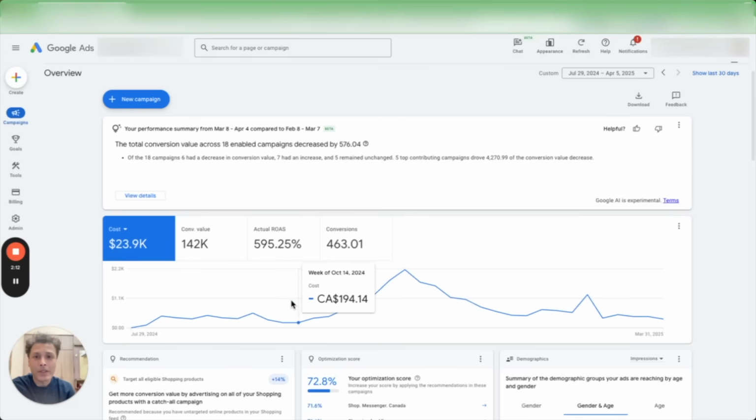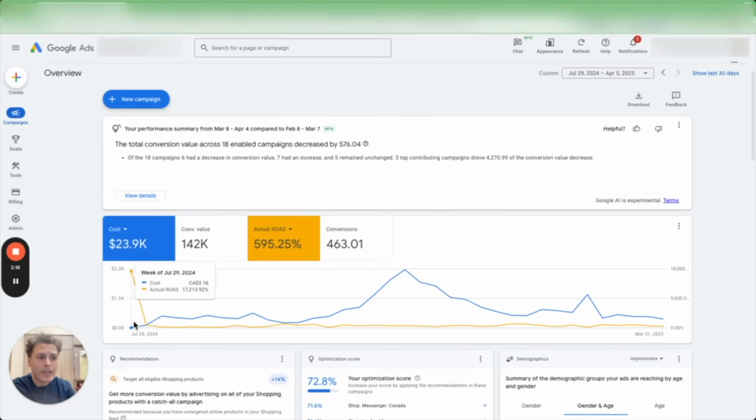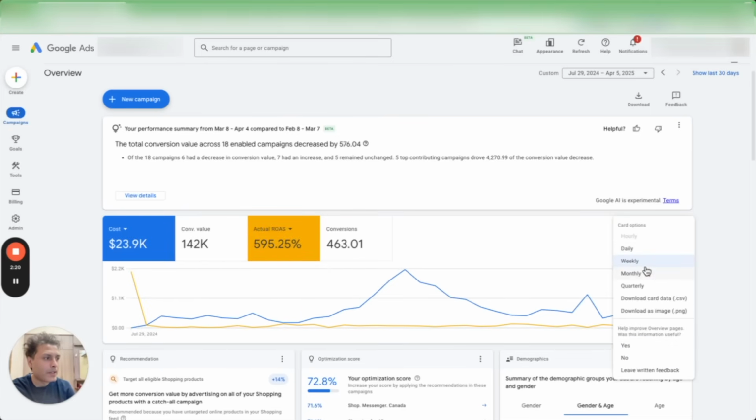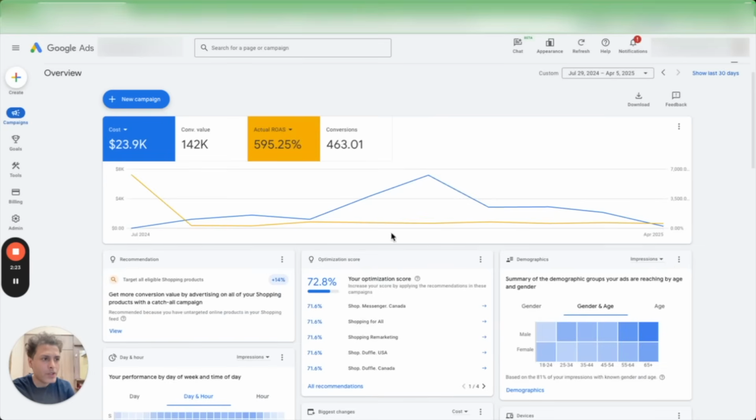But once I absolutely understood his goal, here are the results that I would want to share. Let me make it monthly first. If you take a look over here, the ROAS and cost columns are enabled.